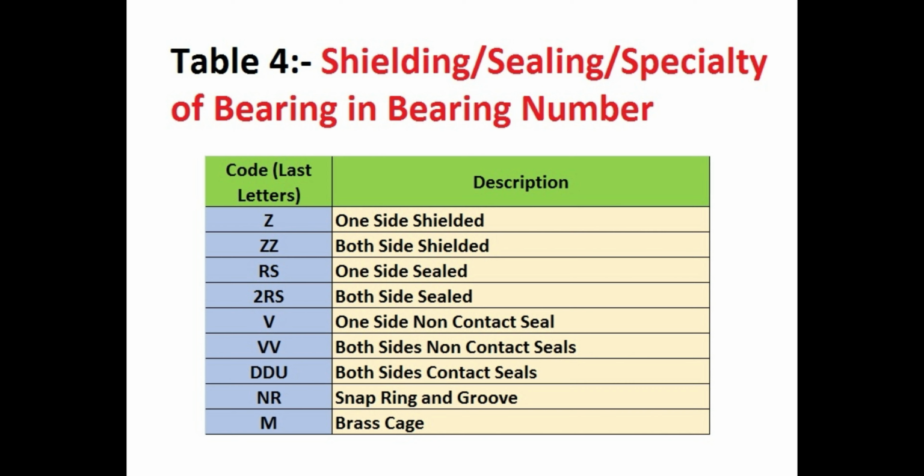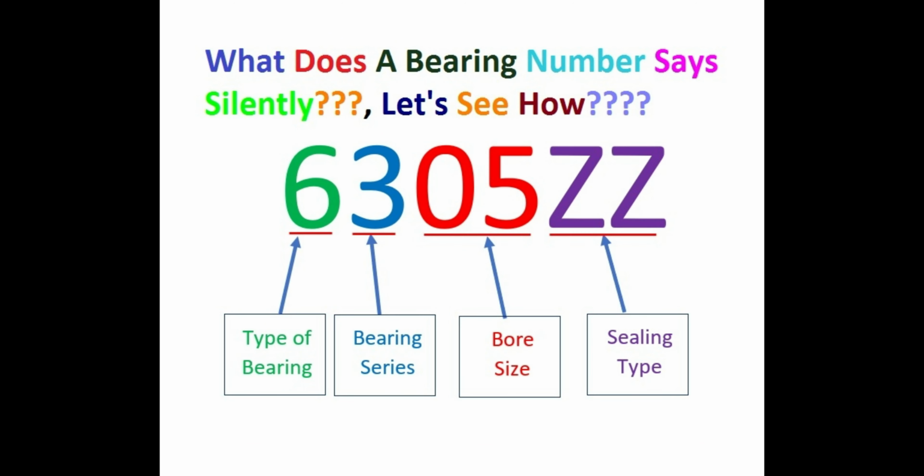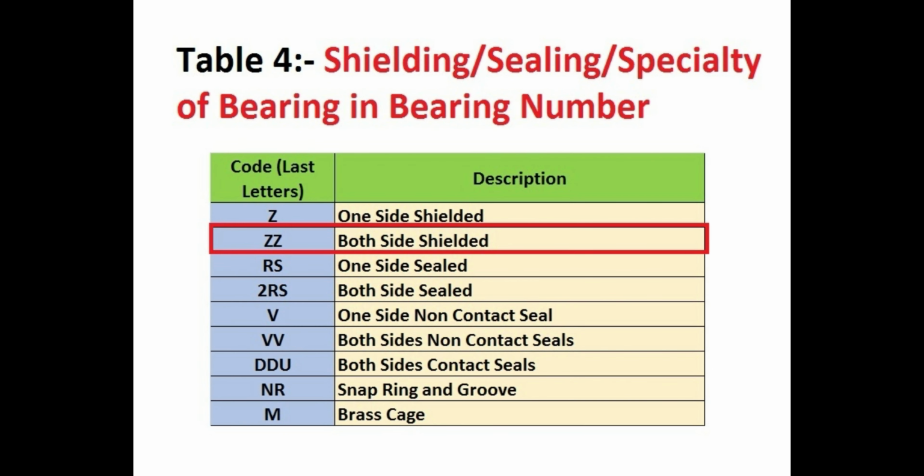If RS, then one side sealed. If 2RS, then both sides sealed. V is one side non-contact seal. VV is both sides non-contact seal. DDU is both sides contact seals. NR is snap ring and groove. M is brass cage. Thus, we can identify now that in case of bearing 6305GG, the last letters GG mean the bearing is shielded from both sides.